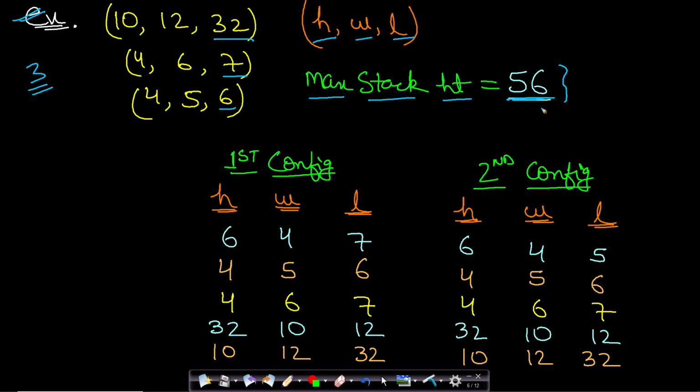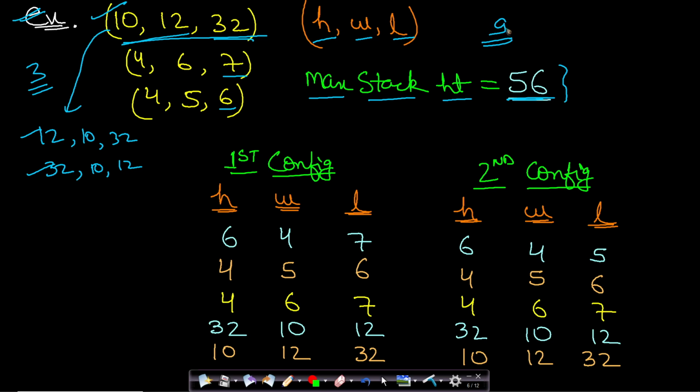So how has this come? As I already told you, you can use rotation. For this box, you can use rotation and you can form something like 12, 10, 32, right? And you can also form other combinations like 32, 10, 12. So these 2 combinations are also formed from this box. So a single box will be contributing to 3 boxes: these 2 and this box itself. Here we are given 3 boxes, so in total there will be 9 boxes.